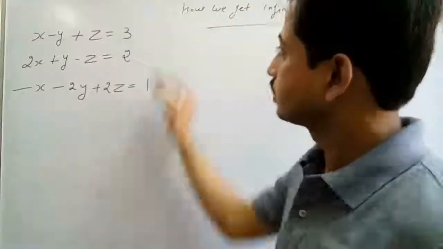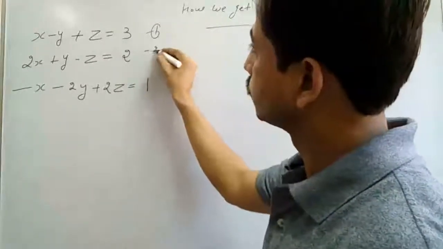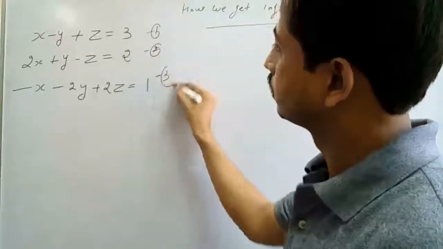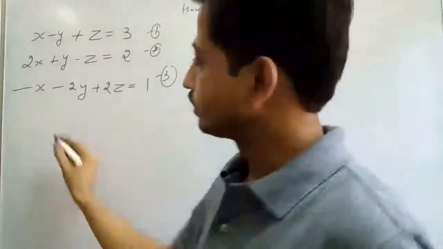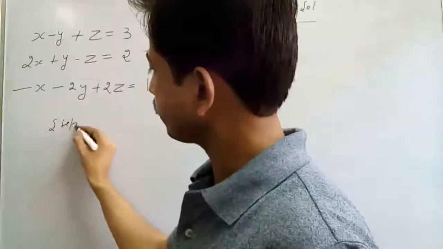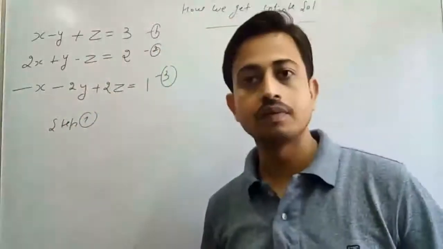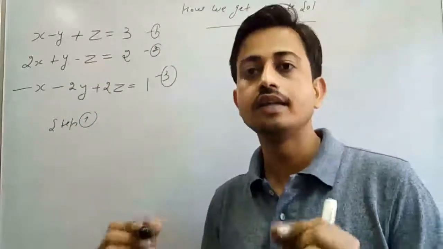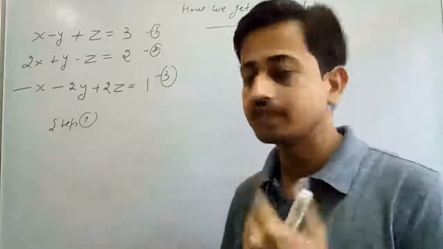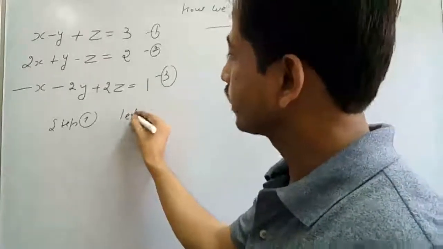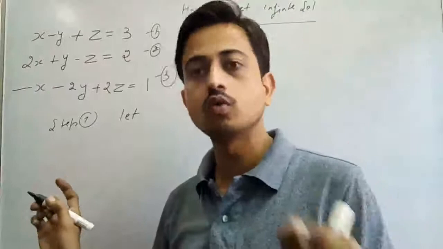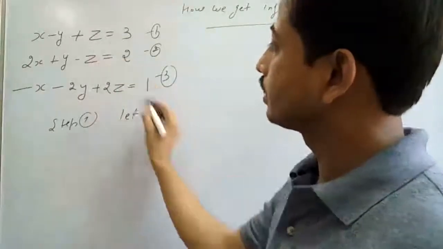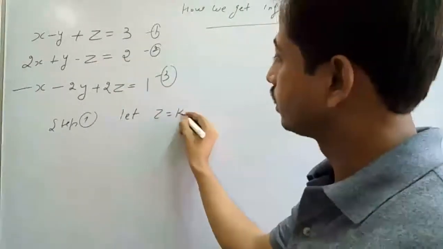First, this is our equation 1, this is 2, this is 3. Please make a note. Step 1: make any variable equal to any number. You can make any variable equal to k. Suppose I make z equal to k.